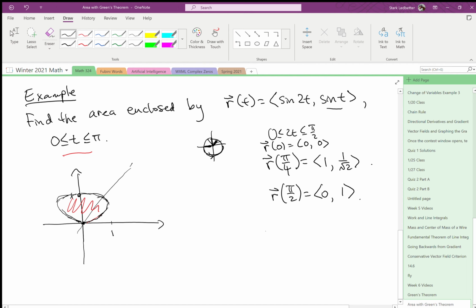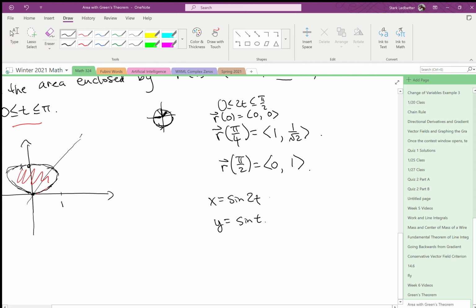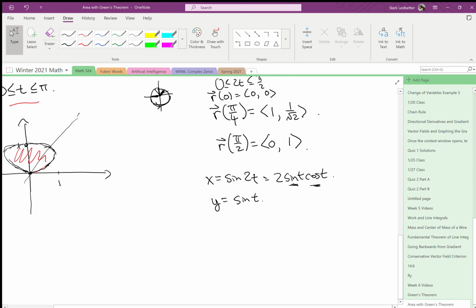So I have x equals sine of 2t and y equals sine of t. Can I get that as one equation where x and y are related? Maybe. This is 2 sine t cosine t. I like the sine t, I can put y in there. I don't like the cosine t, but maybe if I square it, I can swap out cosine for sine.